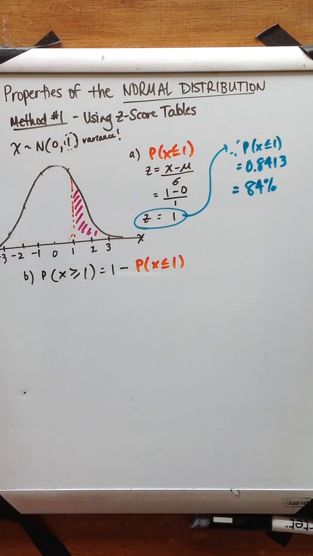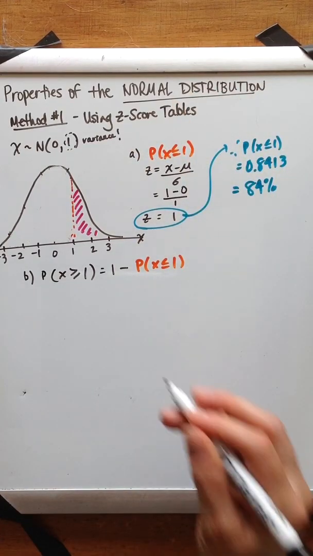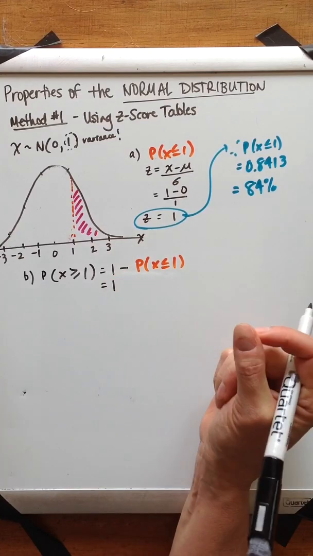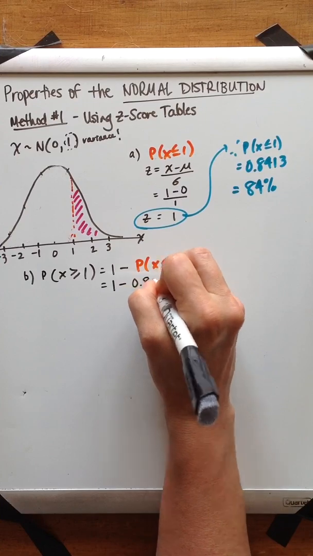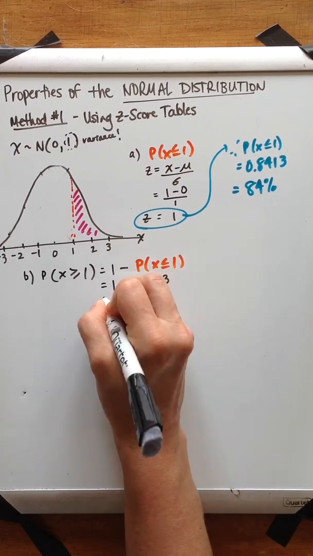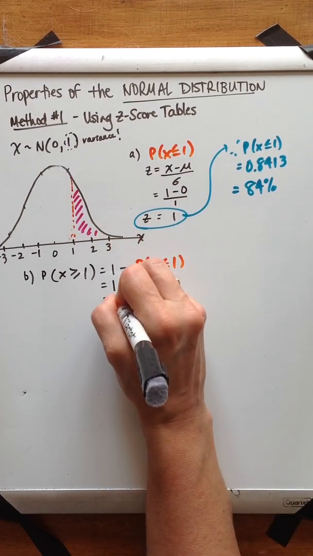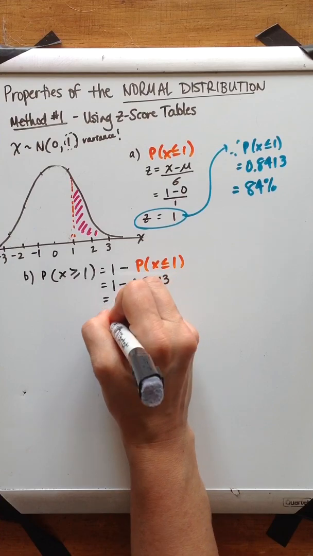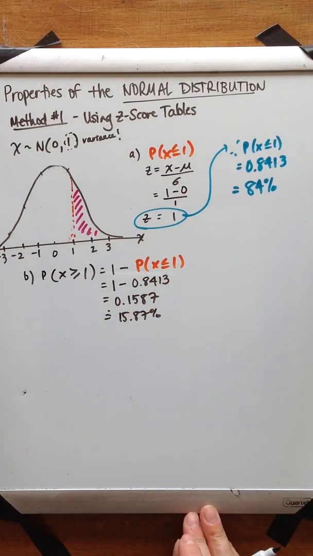Okay, and I should have made this all orange too, but we'll keep it there. All right, so because I'm working not in percentages but in decimal form of probability, I'm going to do 1 minus the decimal, which is 0.8413, which means the probability or area under this curve is equal to 0.1587, or about 15.87%.